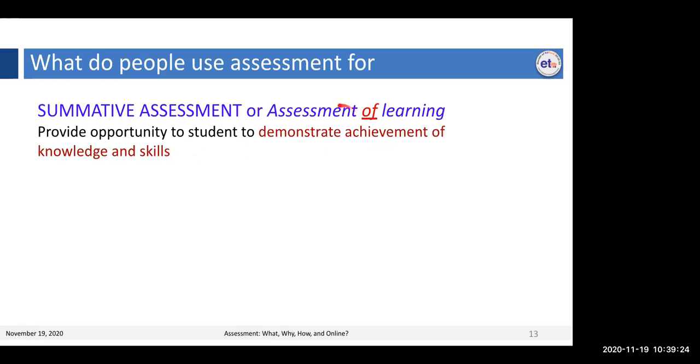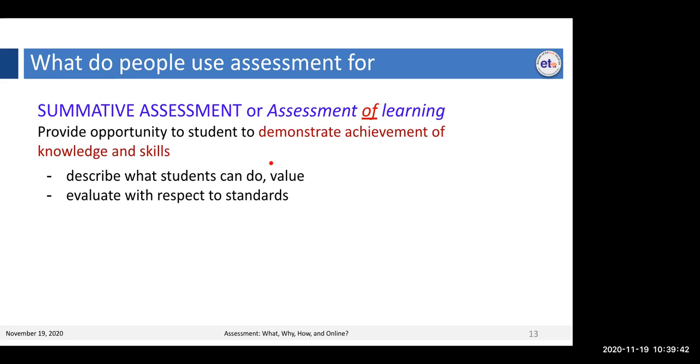So basically, using this we can describe what students can do or what they value, or as a teacher we can evaluate them with respect to certain set standards, marking schemes. Also we can evaluate them with respect to each other, that is the relative grading that we use. Okay, so basically this talks about summation and grading.